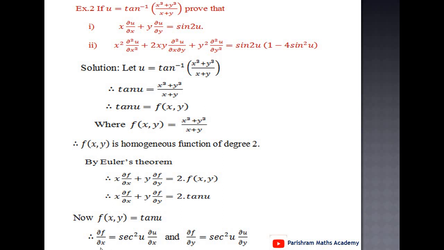Then we can substitute the values of ∂f/∂x and ∂f/∂y in this equation. And therefore we get x sec²u ∂u/∂x + y sec²u ∂u/∂y equals 2 tan u.